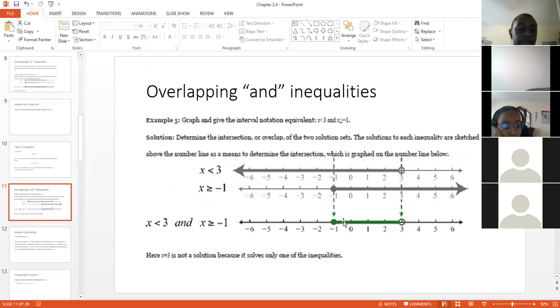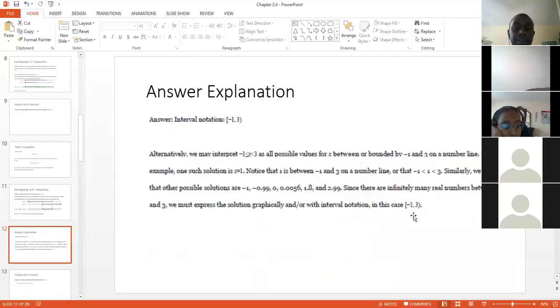All these numbers, you can put an infinite number of 9s after the decimal point. You can put an infinite number of zeros after 1. So there's an infinite number of solutions, so you still have to write it as interval notation. Infinitely many real numbers between -1 and 3.